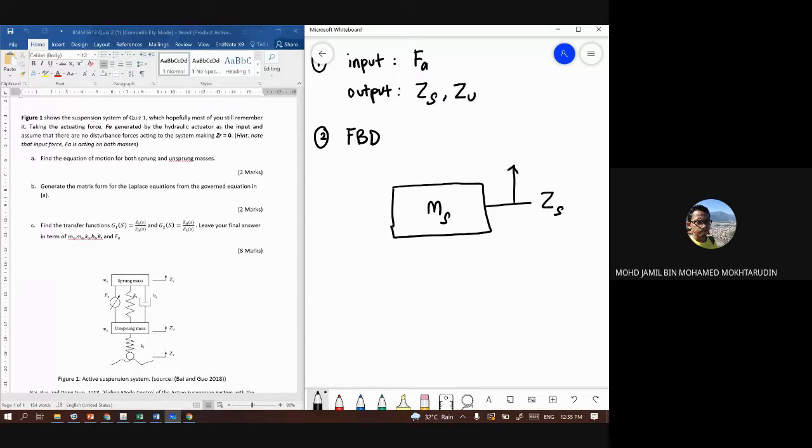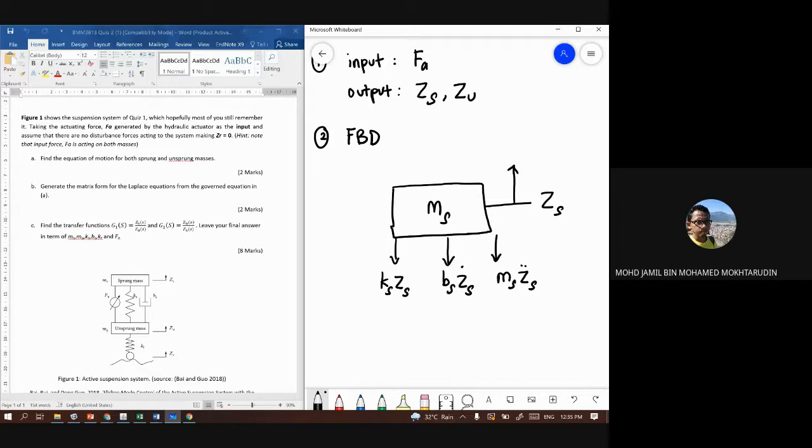Okay, so we have Ks and Bs, Ks from the spring and Bs from the damper connected to Ms. So we have Ks Zs, and we have Bs Zs dot, and also we have the inertia Ms Zs double dot.